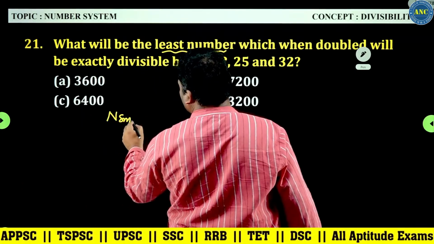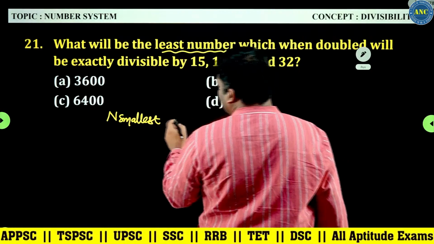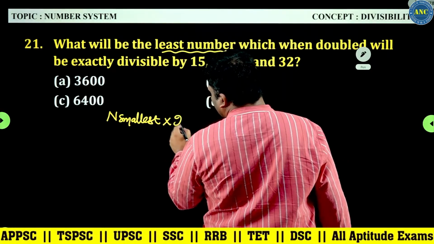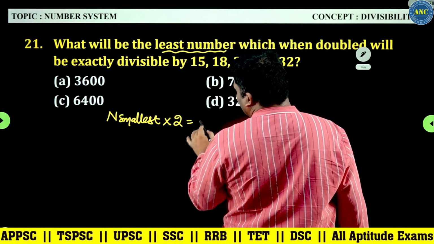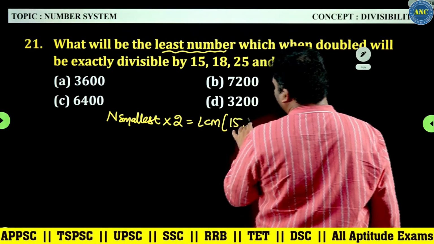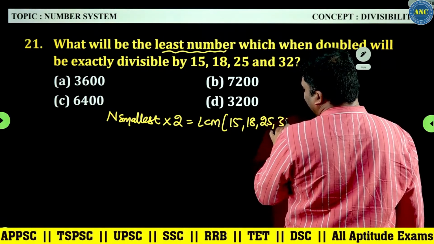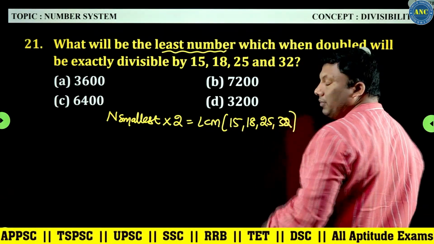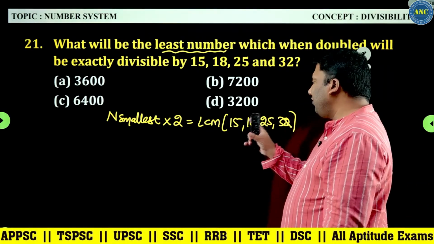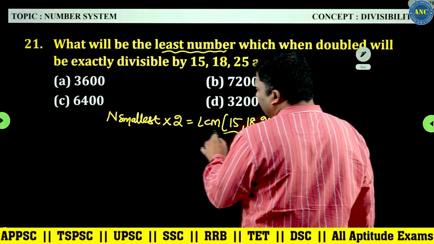N should be smallest. This number, when I double it, is exactly divisible by 15, 18, 25 and 32. What is the number which is divisible by 15, 18, 25 and 32? It is the LCM of these numbers.